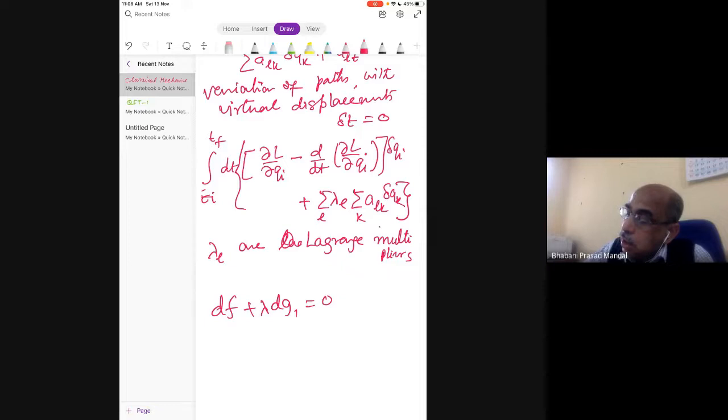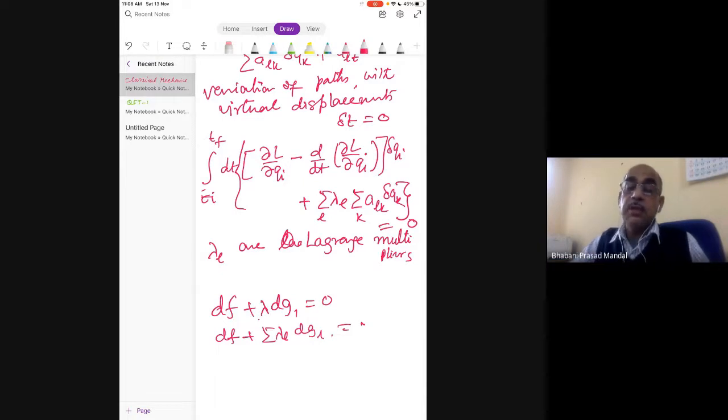This variation for the extremum condition has to be 0, and we have many such conditions, so that is why we wrote delta f plus the sum over lambda_l delta g_l equal to 0. I think this should be clear from the last lecture.